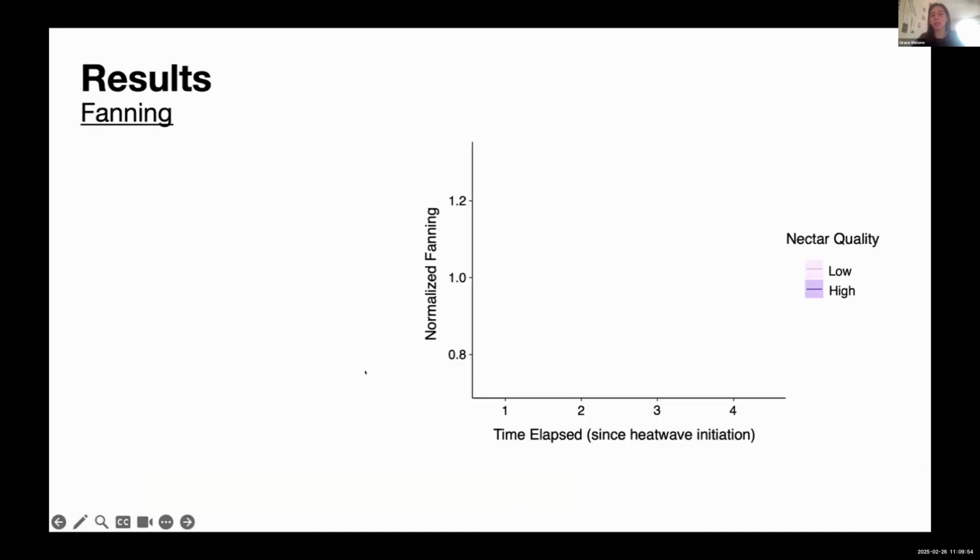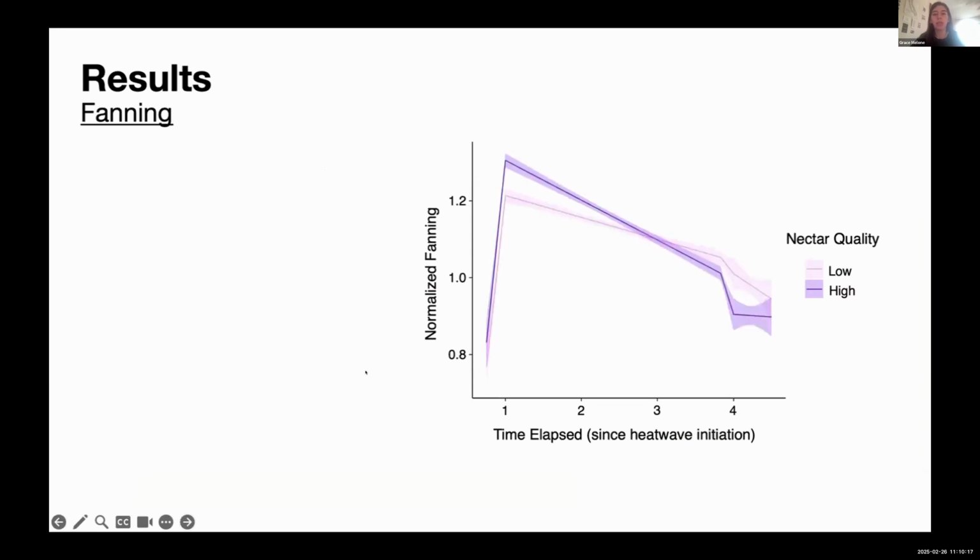So I'm just going to share this fanning result. Okay, so on the y-axis, we have normalized fanning. So lower is less fanning, higher is more fanning. And then time elapsed in the experiment since the heat wave started. And then the darker purple line is the high resource and the low is the pink.